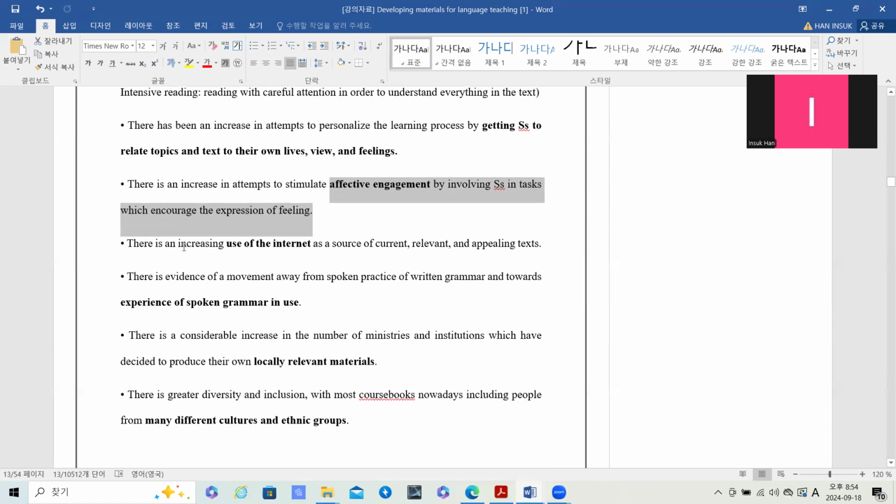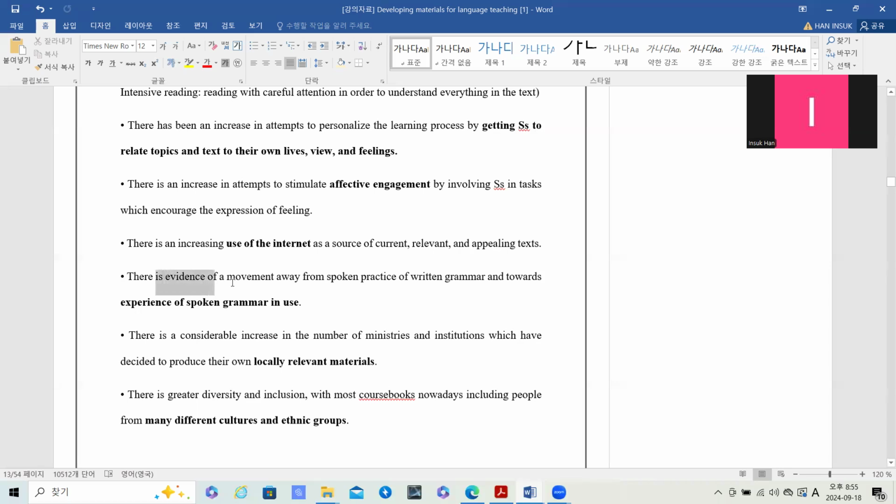And there is also an increasing use of the internet as a source of current, relevant, appealing texts. I think these days, many materials require the students to use mobile devices. By using their camera to scan the QR code, they can listen to MP3 materials, or sometimes listen to some songs, or sometimes watch some short videos.